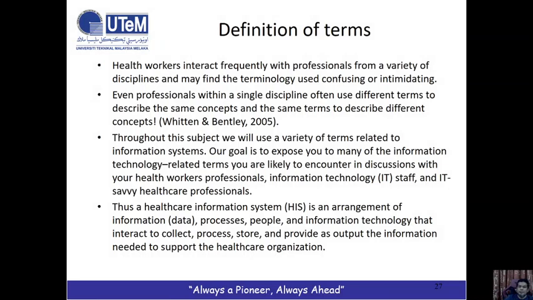Before we go into the detail of the history of the healthcare information system, there are many terms used in the healthcare business process. Different disciplines use different terms. For example, in the banking system, the terms used are different.